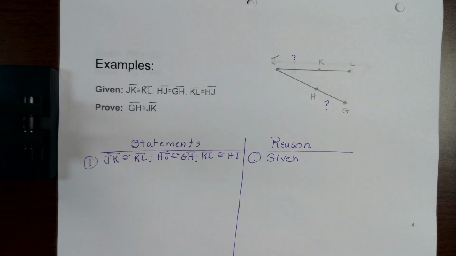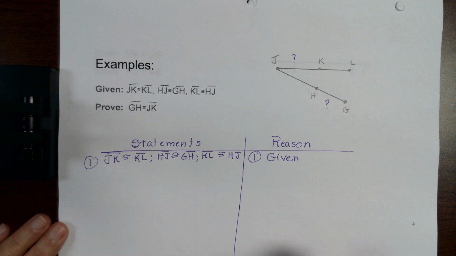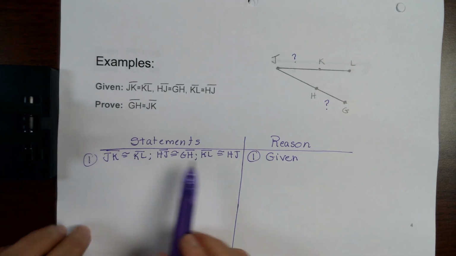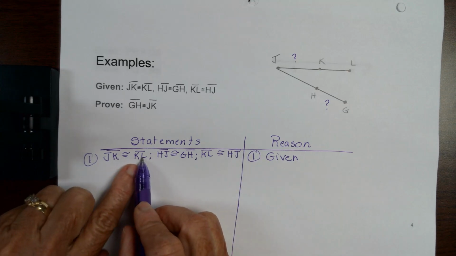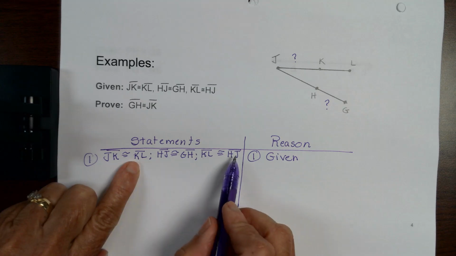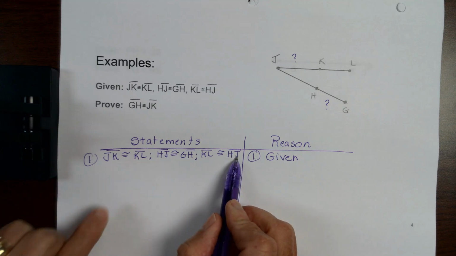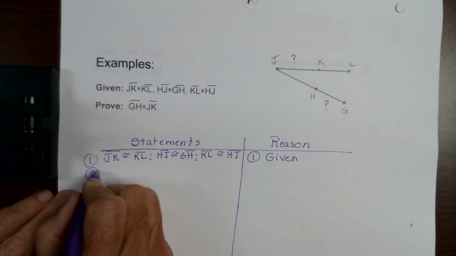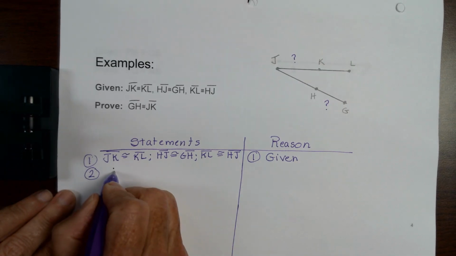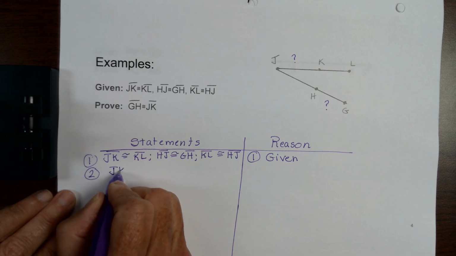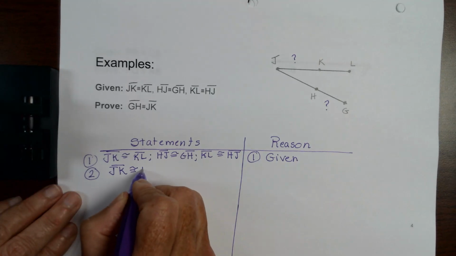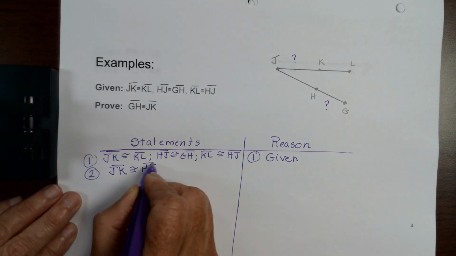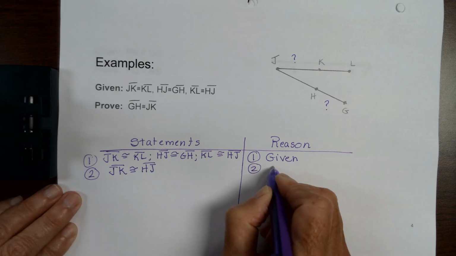Now there's a good chance that we're either going to use segment addition or we're going to do transitive property. If you look at the way that you've got this thing laid out, if this is congruent to KL and KL is congruent to HJ, then through transitive property, I can say that JK is congruent to HJ. That's transitive property.